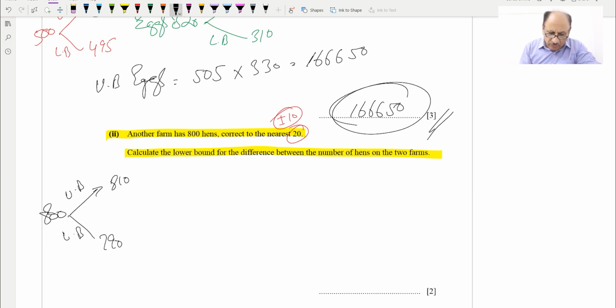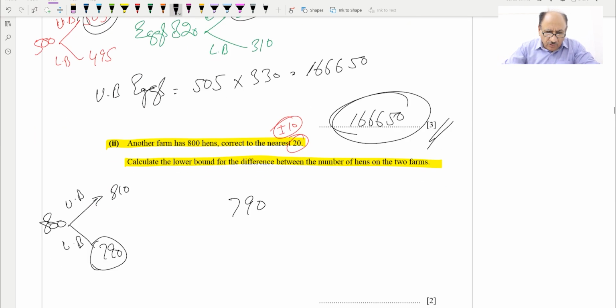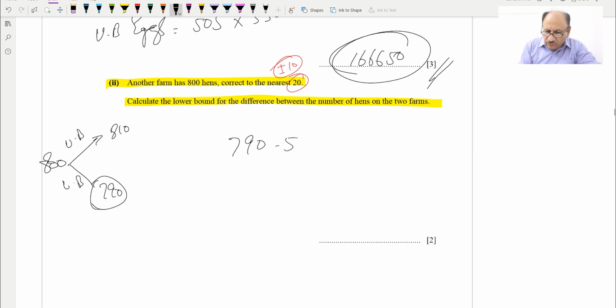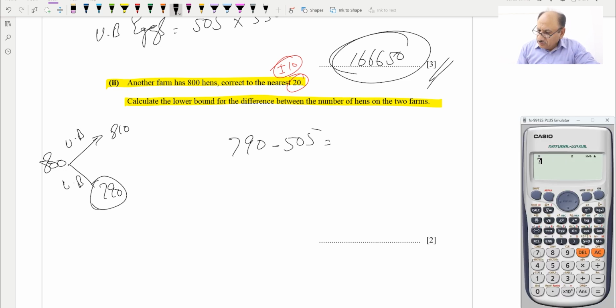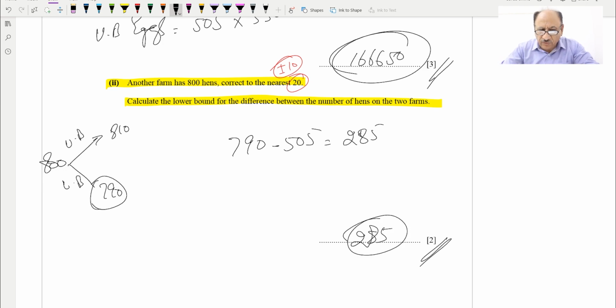To get the smaller difference, we take the lower bound of this and the upper bound of this one, which is 505. So 790 minus 505 is equal to 285. So 285 is the difference in hens. This was a 2 mark question which we have done.